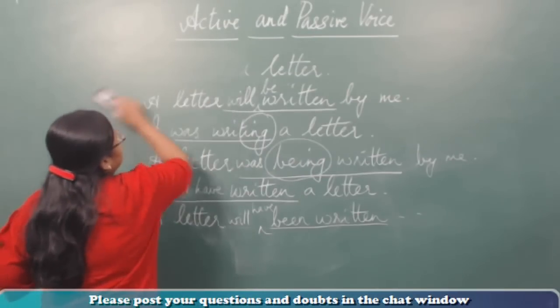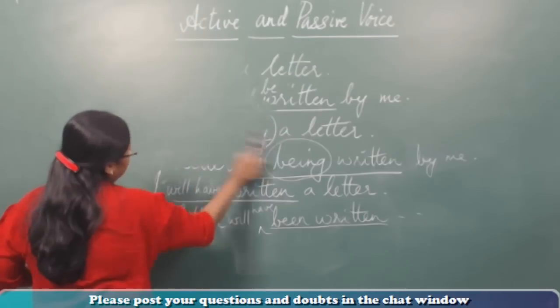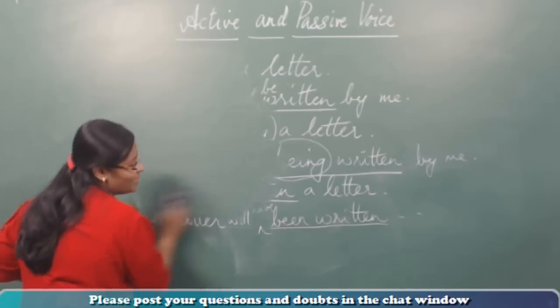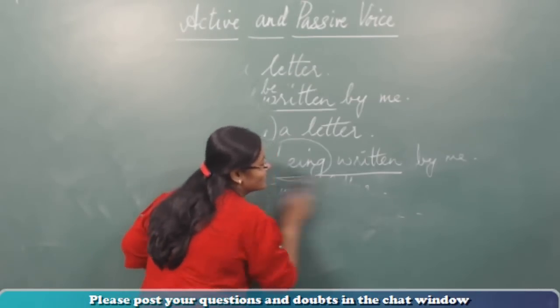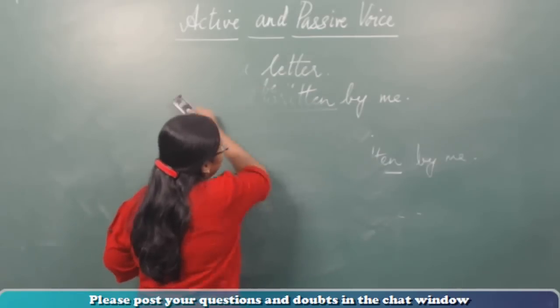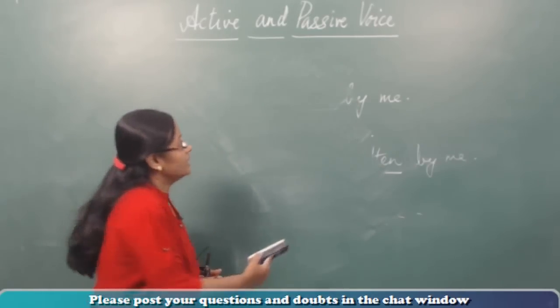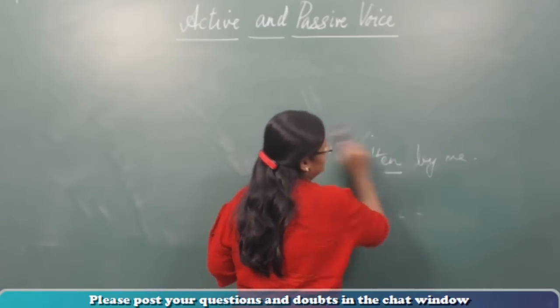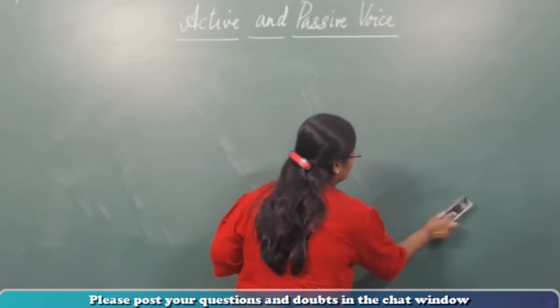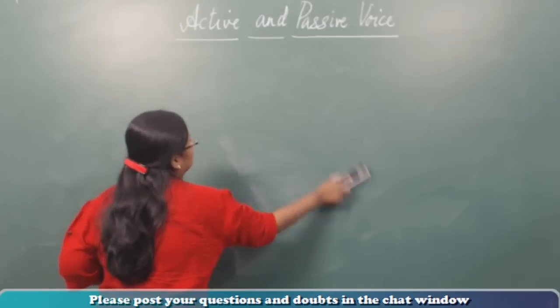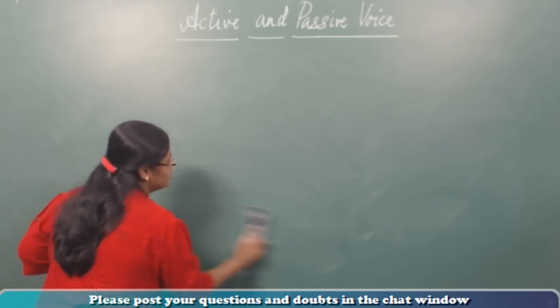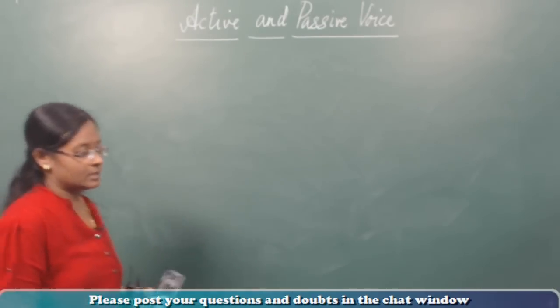Now we'll have a short exercise. Let me see how well you have understood. So far we are dealing only with the assertive sentences, the statements, right? We have not come to the questions yet. Only simple sentences, statements.